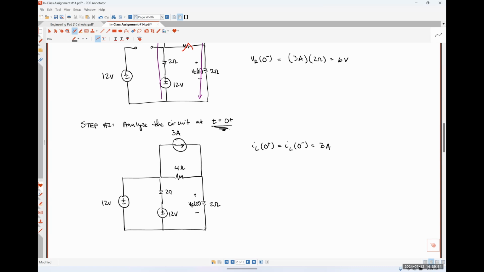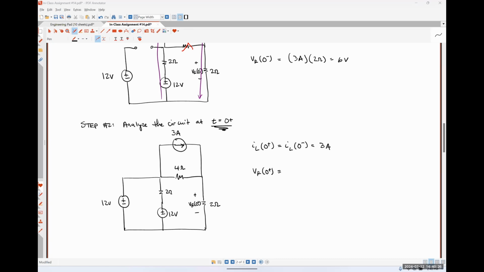Okay. So how might we go about solving for VR at 0 plus? It's going to be the 3 amps times the 2 ohms.